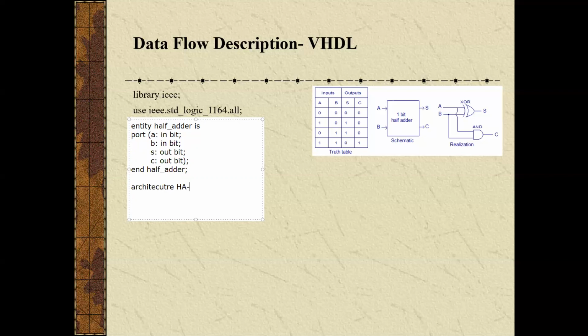I am giving half adder data flow modeling, so I will write the short form, data flow modeling or data flow description, of the entity for which I am constructing this architecture. I have to mention here the name of the entity. What is the name of the entity here? The name of the entity is half adder.